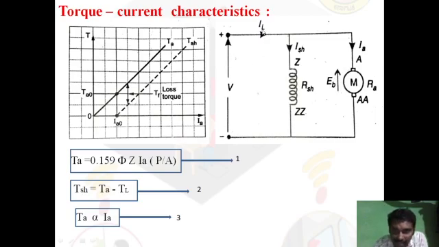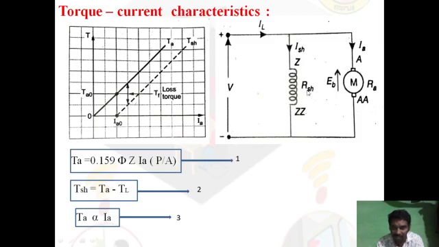Here IL represents the line current or supply current, the main current drawn from the DC supply, and some amount of current is flowing through the field coils. Here you can observe it is in parallel. ISH represents the shunt field current, and ZZ represents the terminals of the field coils.